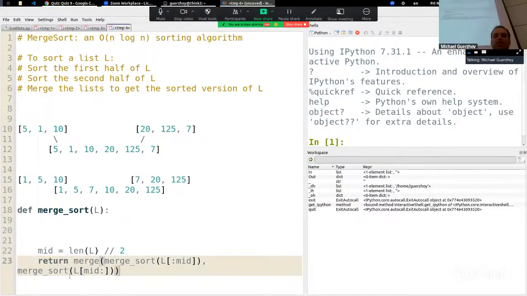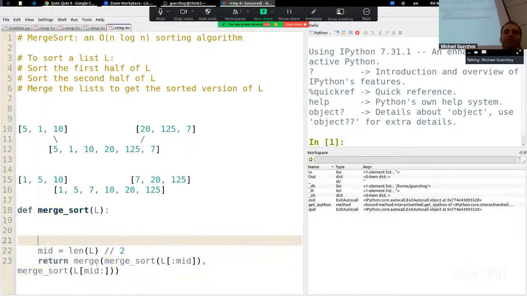And then I'll have a helper function merge that's going to merge the two sorted parts. Just mathematically, it should make sense, without thinking about the mechanics of what exactly is going on. Sort the first half, sort the second half, interleave them so that the whole thing is sorted. You're done.